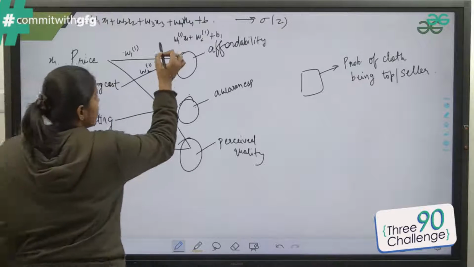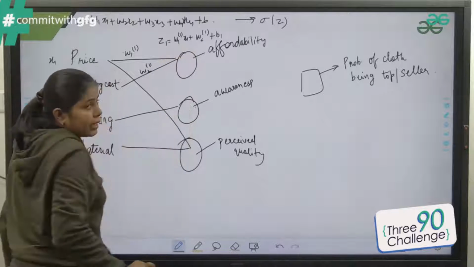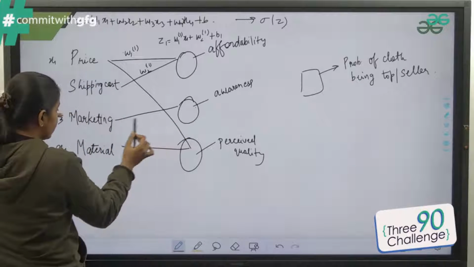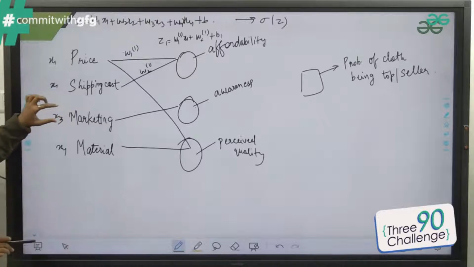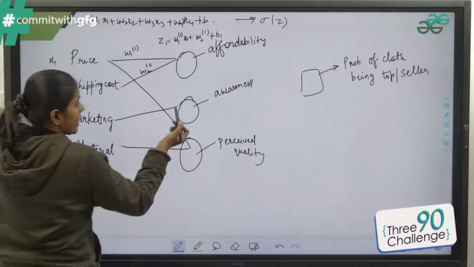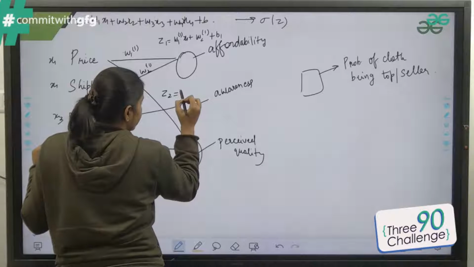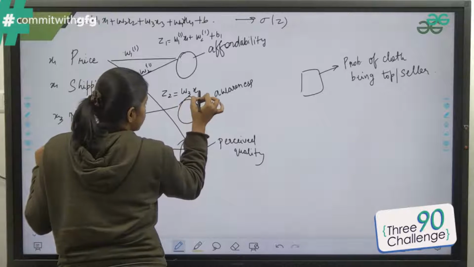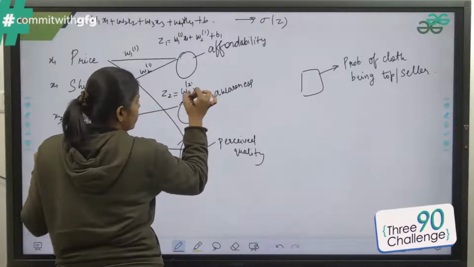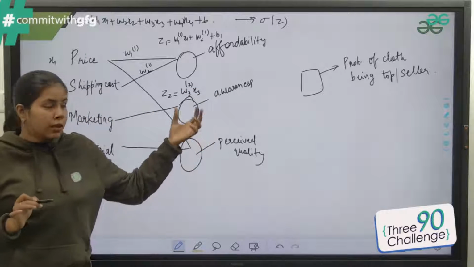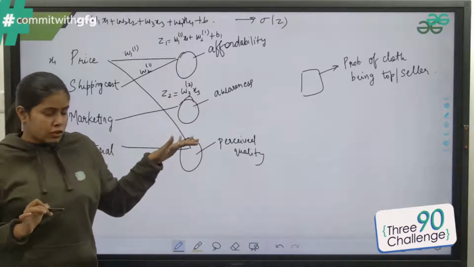This would be my z1 value. I'll name this the z1 value. Now for this awareness column, you can see that awareness is coming through marketing, right? x3, so I can write down only x3 here. So z2 would be w3 x3, or I can write down a 2 here, w32, because it comes for my second neuron, right? It's basically only a representation of neurons.